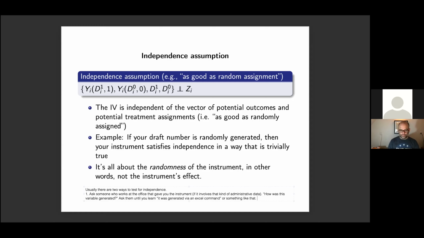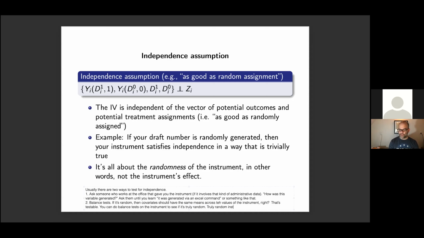Okay. Number 2, balance test. If it's random, then covariates should have the same means across the values of the instrument, right? Well, that's testable. You can do balance tests on the instrument to see if it's truly random.